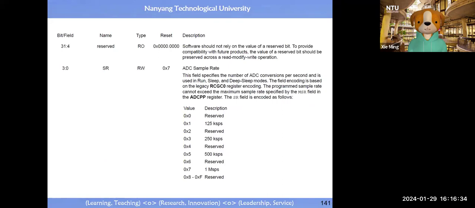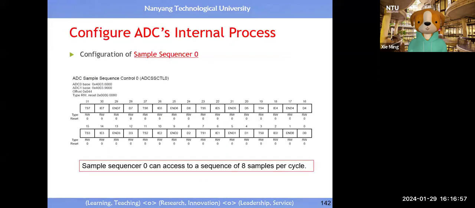You look at 0.7. 0.7 means what? You can do 1 million conversions per second. 1 million conversions per second is a lot, very fast. Okay, so this gives you confidence about the speed. 1 million per second means converting one takes a fraction of a second, not 1 nanosecond. Good enough.